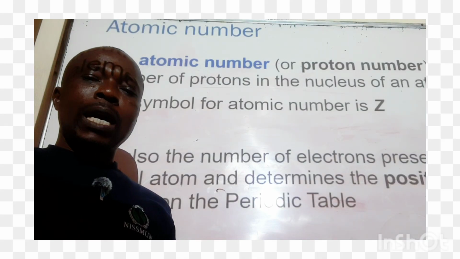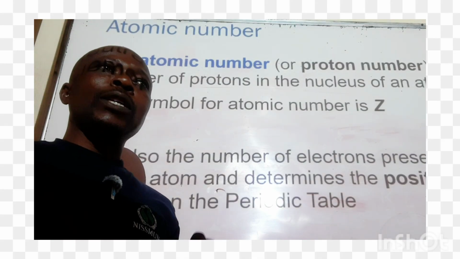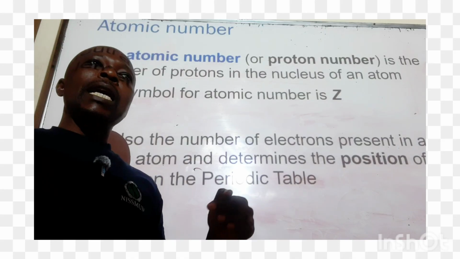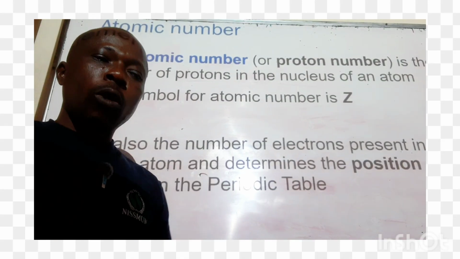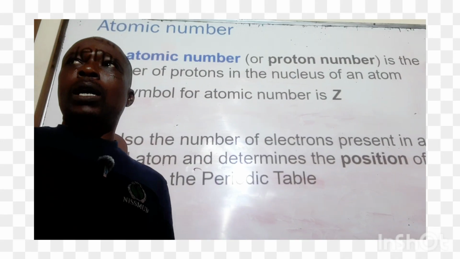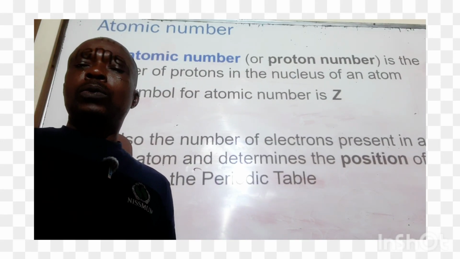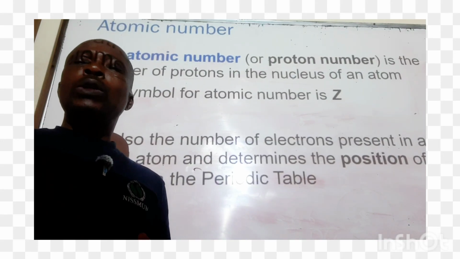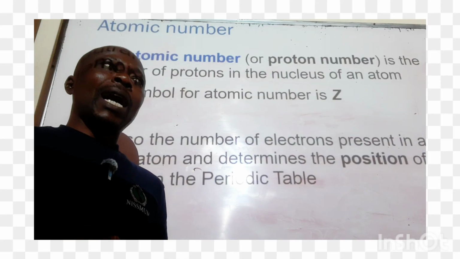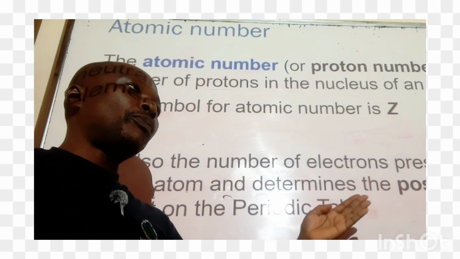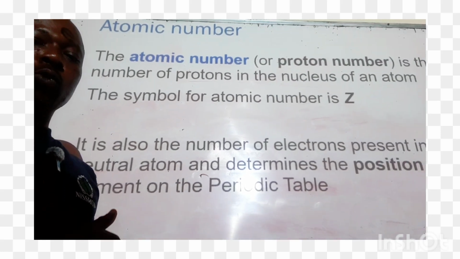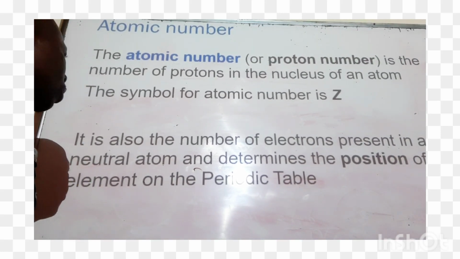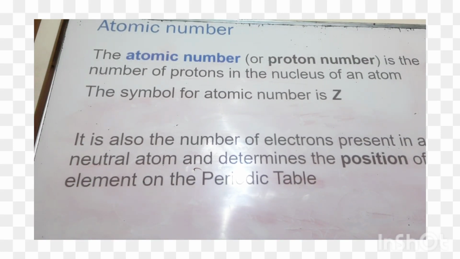And because the number of protons and electrons is usually equal in an atom, the atom becomes electrically neutral. So when you see an atom, know that such an atom will have an equal number of protons and electrons, and we'll keep citing examples in our calculations that help us to adjust that.